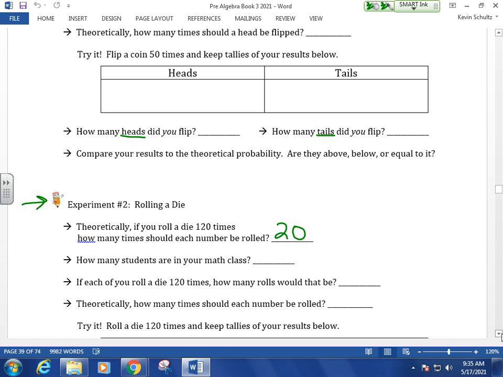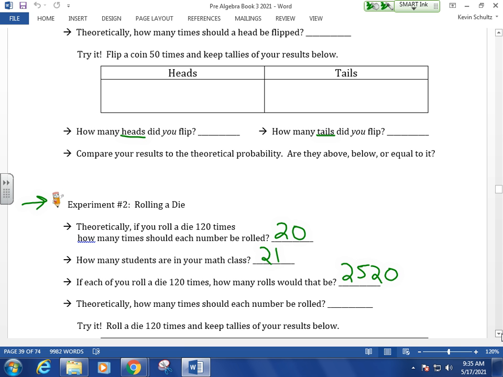There are still 21 of you in the class. No one has decided to leave since 5 minutes ago. If each of you roll a die 120 times, how many total rolls would that be? 21 students times 120 rolls is 2,520 total rolls. John? We can leave the class.